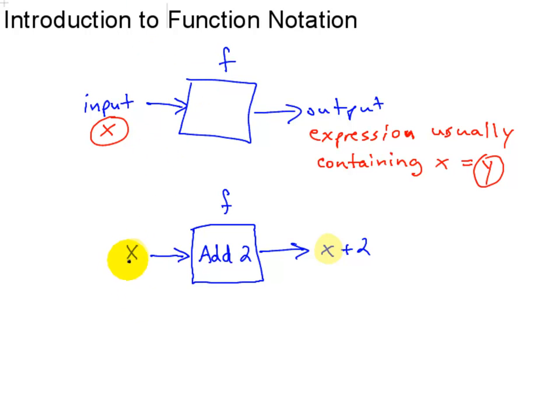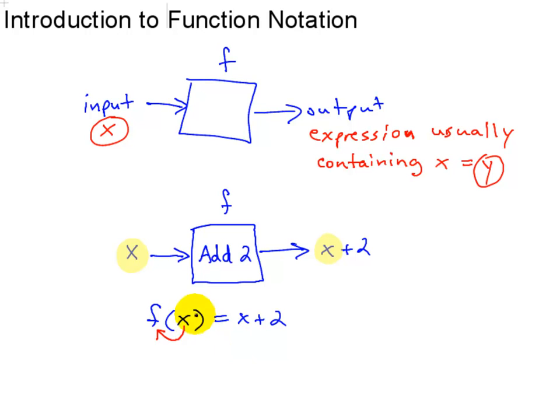So all it's saying is if x goes in, then x goes right there in your output, and then it's added to 2. Okay? So another way to write this add 2 machine definition is like this. f of x is how this is read. It means that x is the input to the machine f, and the output, f of x, equals x plus 2.